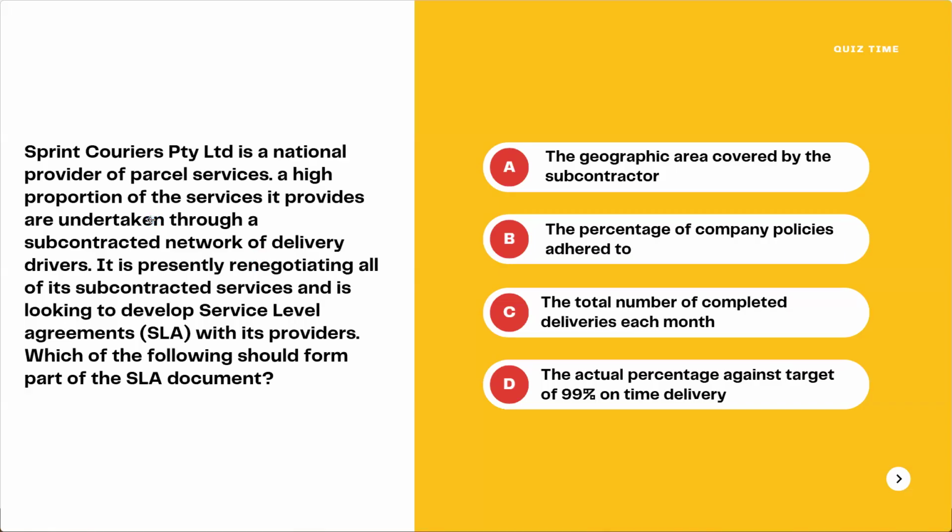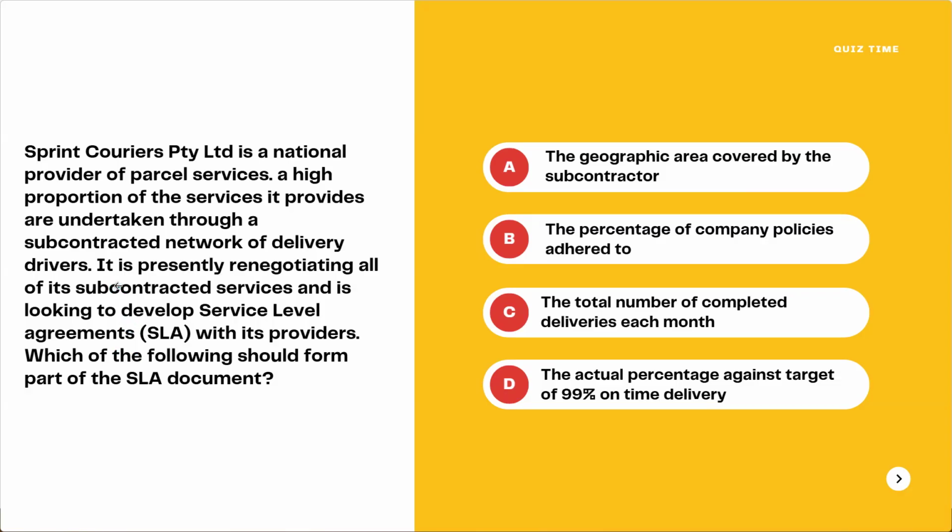So it contracts with individual drivers and they perform tasks for it. It is presently renegotiating all of its subcontracted services and is looking to develop service level agreements, SLAs, with its providers. Which of the following should form part of the SLA document?